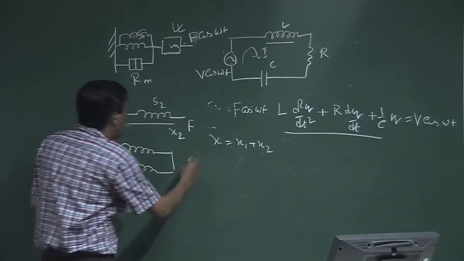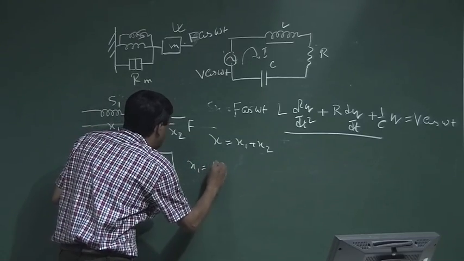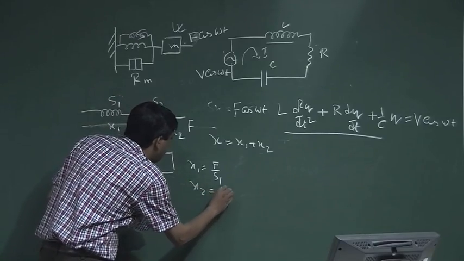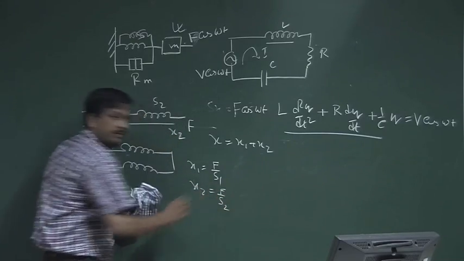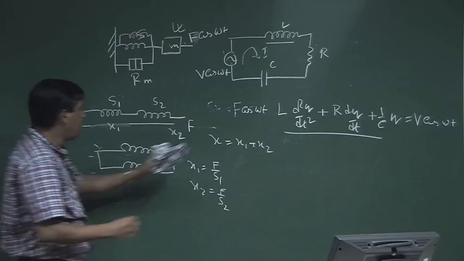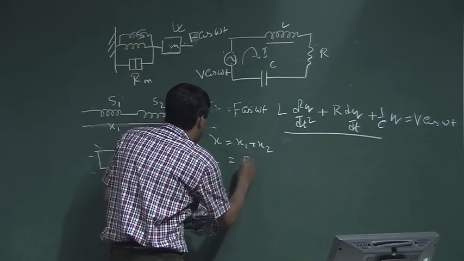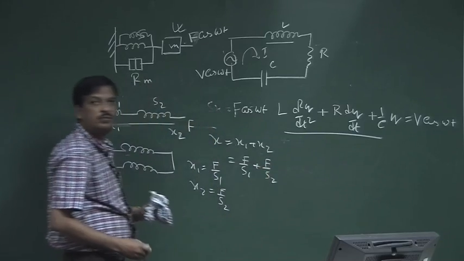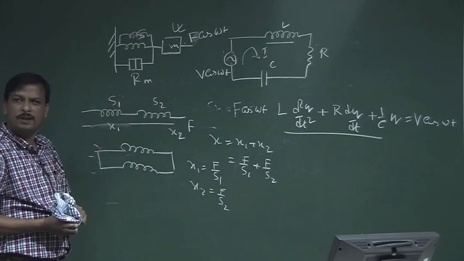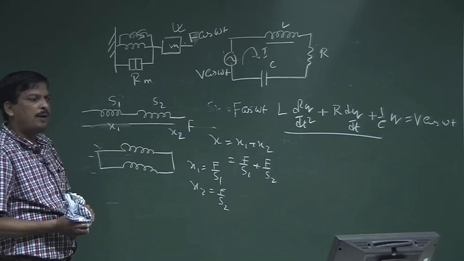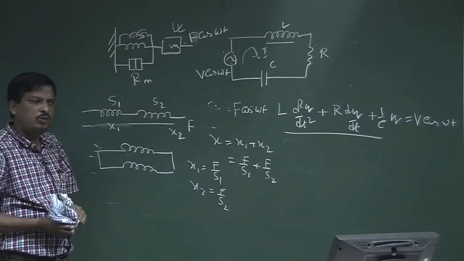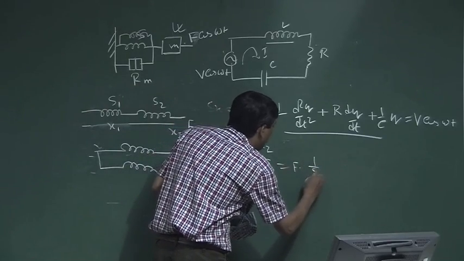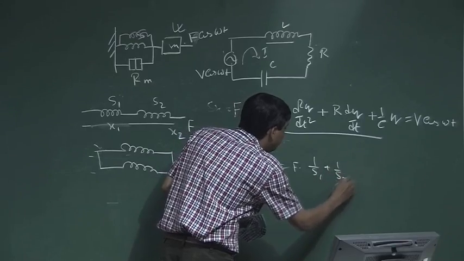Now, what is x1? x1 is force by spring 1 stiffness, and x2 is force by spring 2 stiffness. So, it is F by S1 plus F by S2, that is, F into 1 by S1 plus 1 by S2.